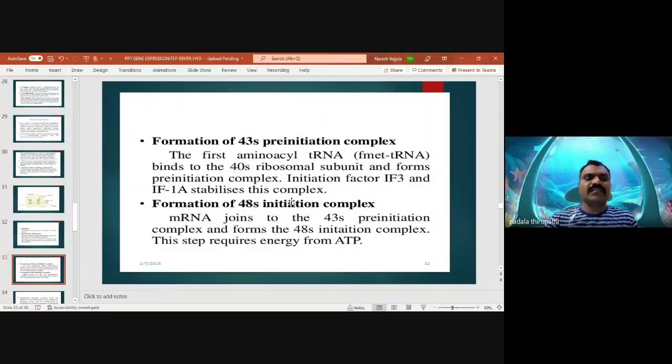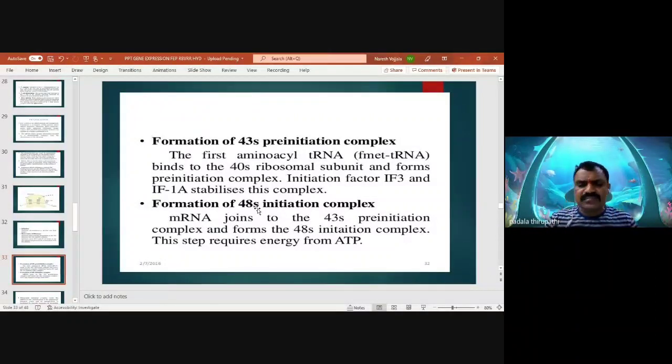The third step of the initiation stage of translation is formation of the 48S initiation complex. So the first one is dissociation of the ribosome: the 80S ribosome dissociates into 40S and 60S, and then the 43S pre-initiation complex forms. Then the third step is formation of the 48S initiation complex.